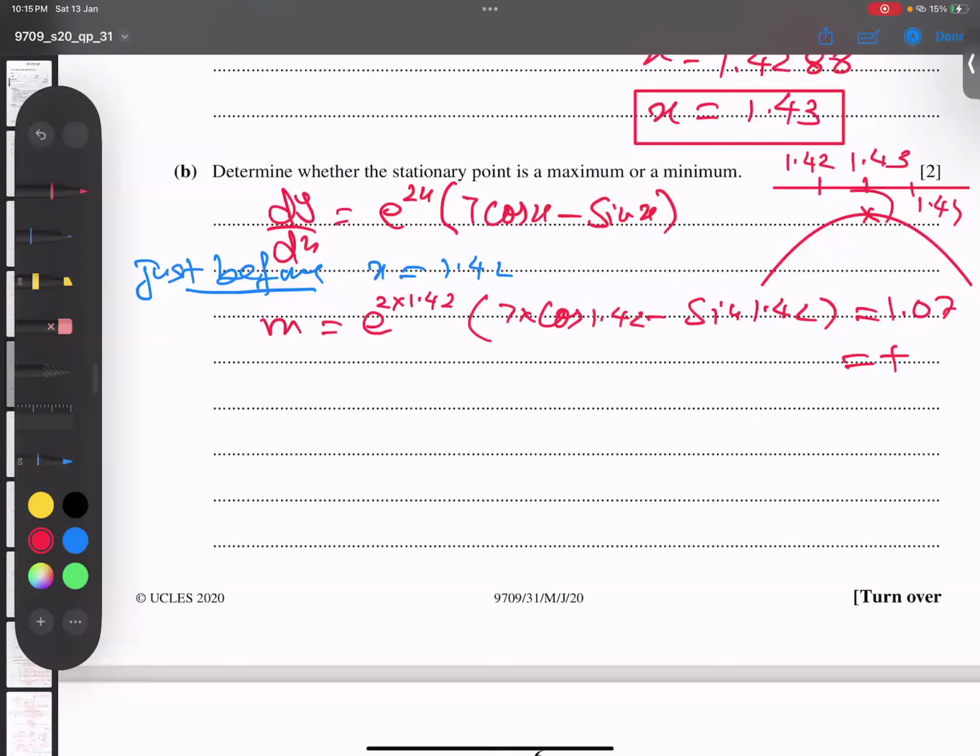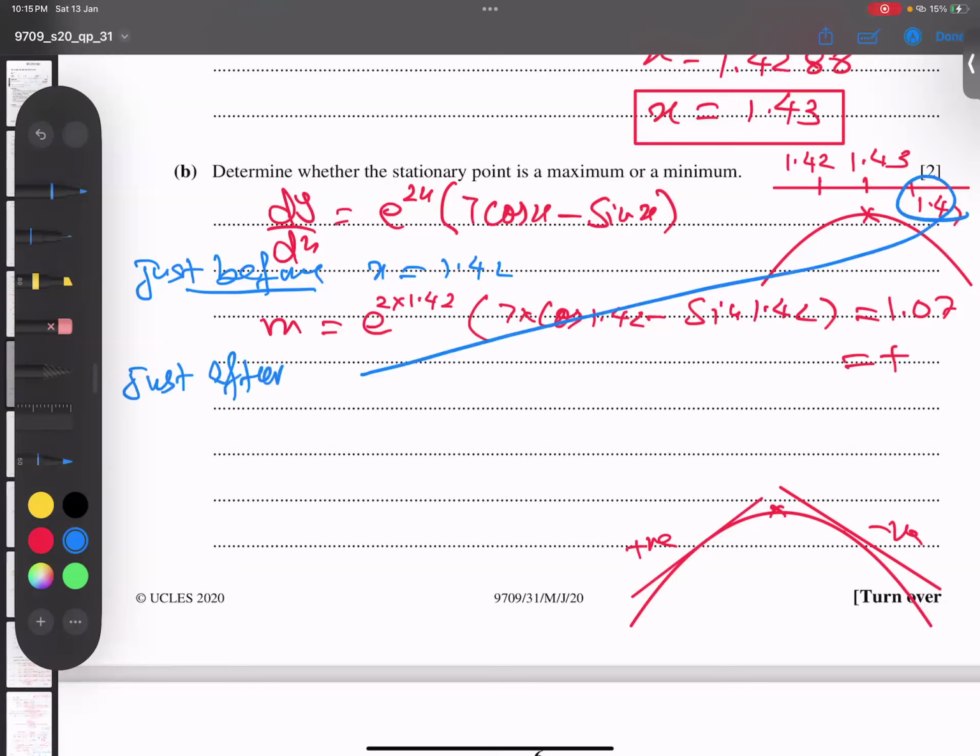It means just before is positive. So just before, I have a positive gradient, positive gradient, positive gradient. And just after, 100%, I will get what? Negative. Let's try.